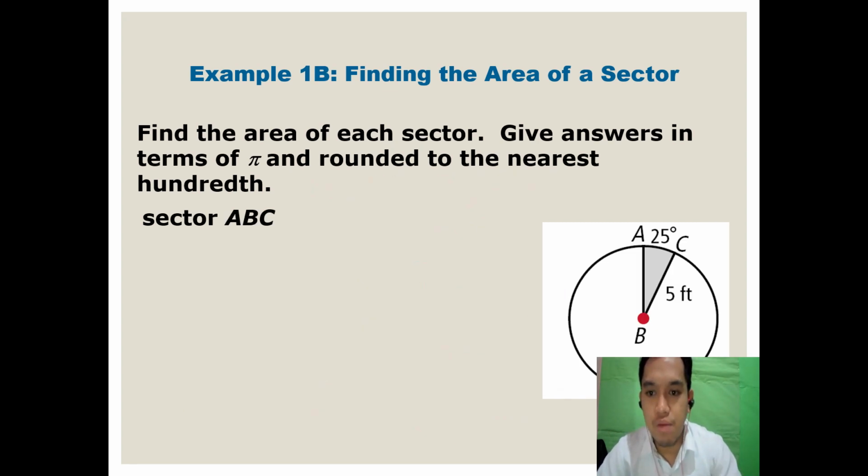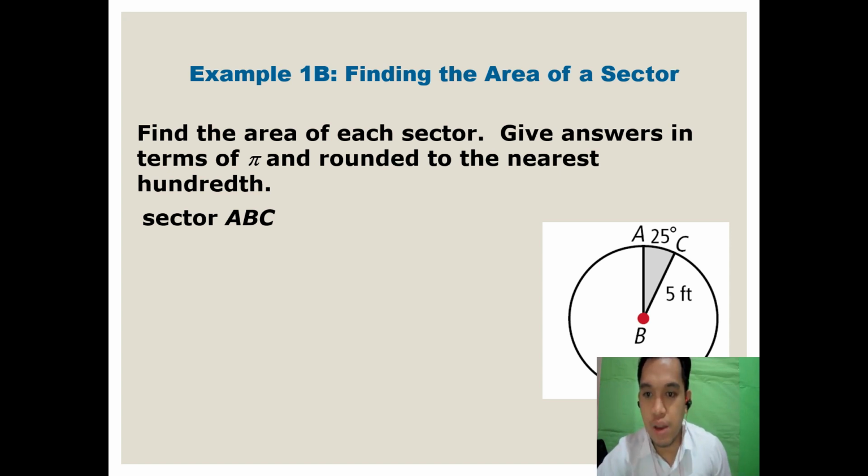Find the area of each sector and give answers in terms of pi and rounded to the nearest hundredth. We have sector ABC and the radius is 5 feet and the measure of the central angle, or the measure of its intercepted arc, is 25 degrees.